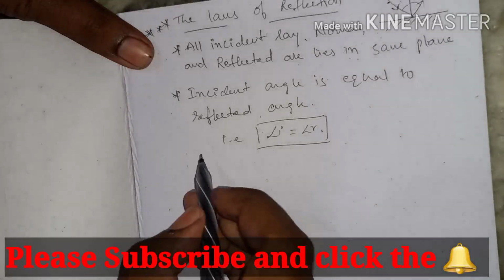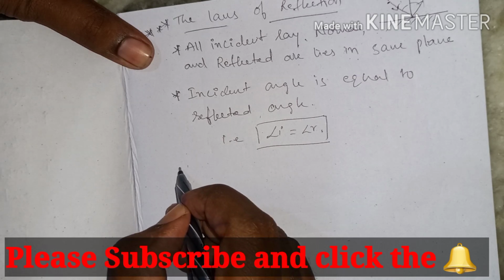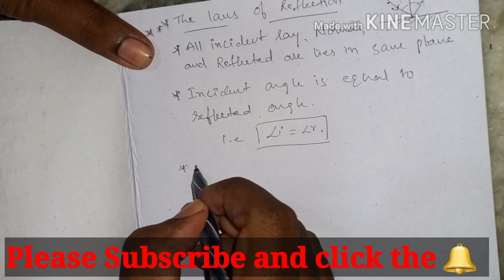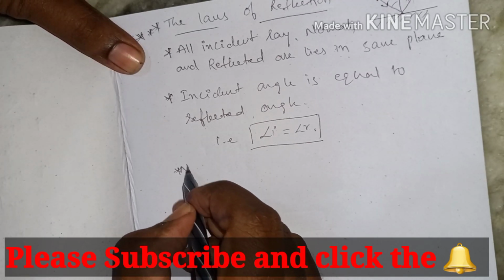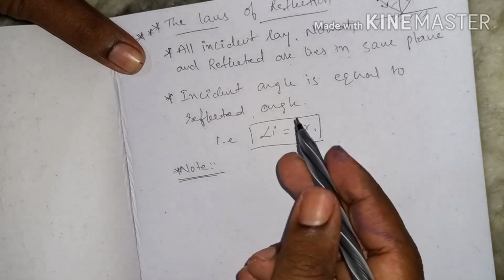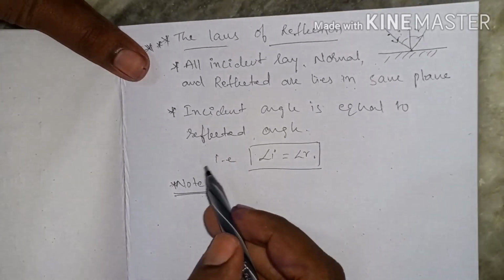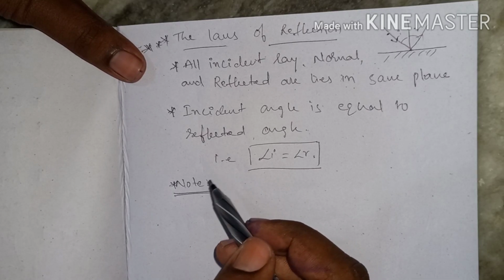One more important one, very important from your examination point of view, is Fermat's principle. You can write this down. Light should obey one rule when it reflects, and that is Fermat's principle.